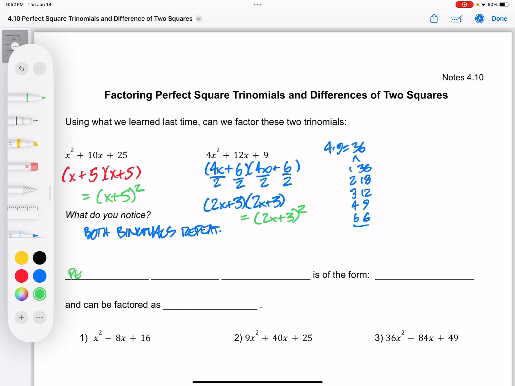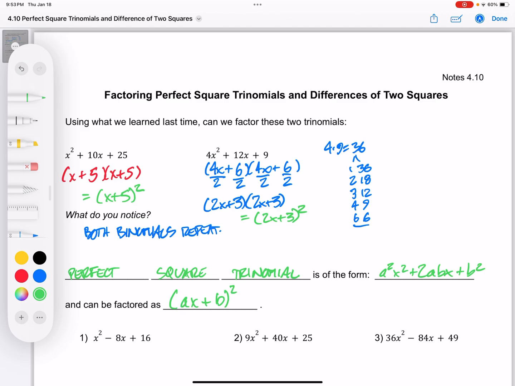So a perfect square trinomial is of the form a squared x squared plus 2abx plus b squared, and can be factored as ax plus b squared.